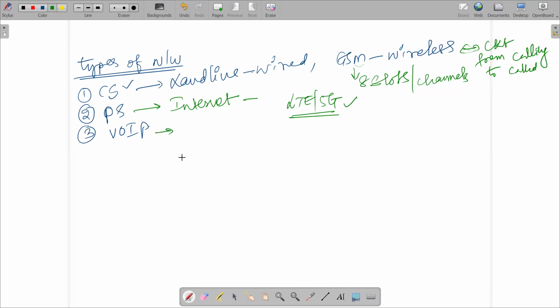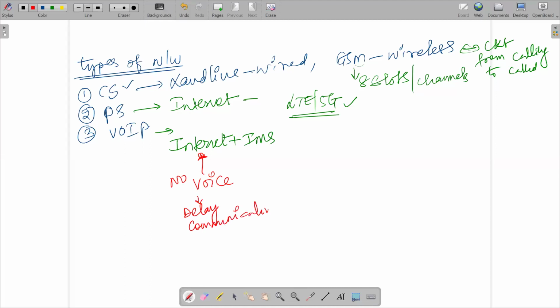VoIP network. When it comes to wired, it is internet plus IMS network. Alone internet is not useful for voice transmission, because internet is a delayed communication model.